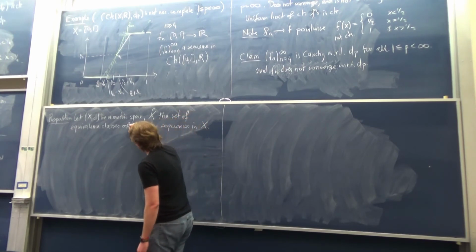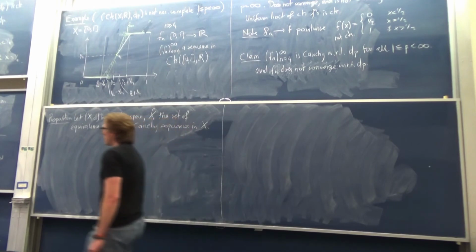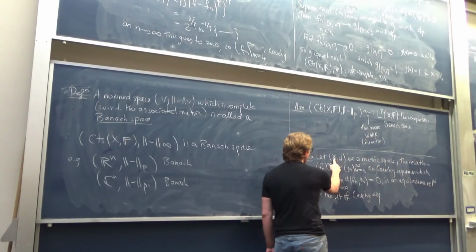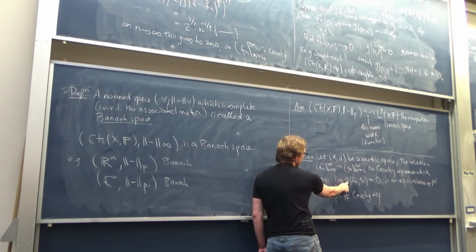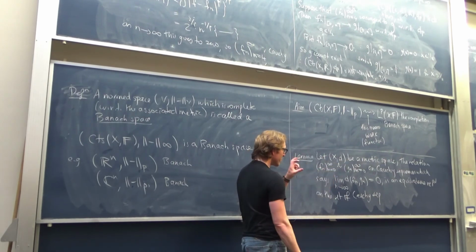Because I really might say d-Cauchy. This relation here is not just associated to X. It certainly depends on d, right? Because that's what defines the equivalence relation. So if I have the same set with many different metrics, a given sequence might be Cauchy or not with respect to the different ones.